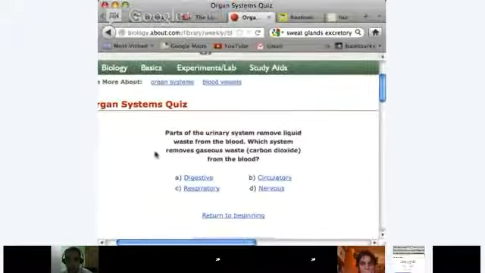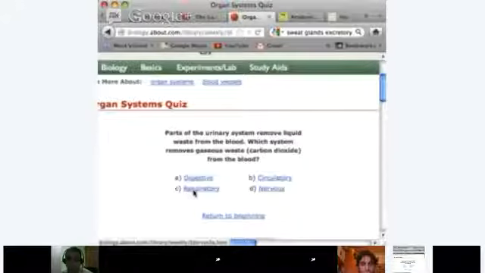Respiratory. Respiratory system. Good. Anyone else? Thoughts on this? Which system removes gaseous waste from the blood? The respiratory system, yeah. So good. I would say respiratory system.